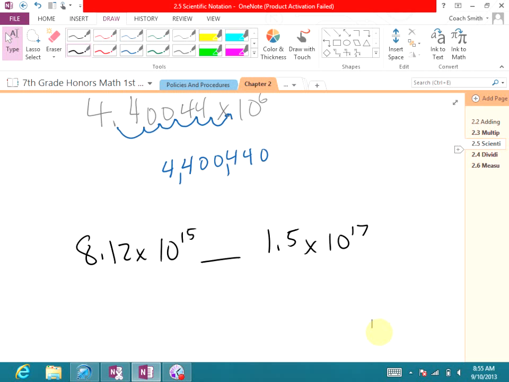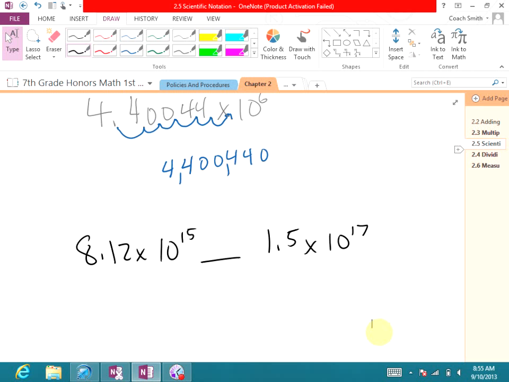So that's a total of how many digits? 16, right? So 3 here, 13 more would be 16 digits. Well, this one right here is going to have 1, so 16 zeros after it. It's going to have 18 digits. So 18 digits is always going to be more than 16 digits.